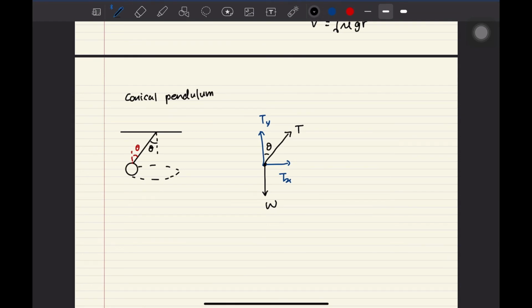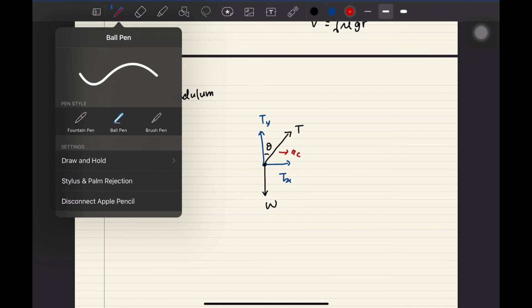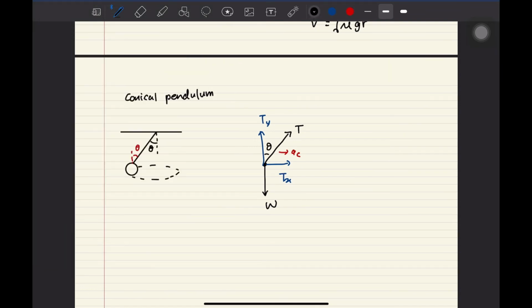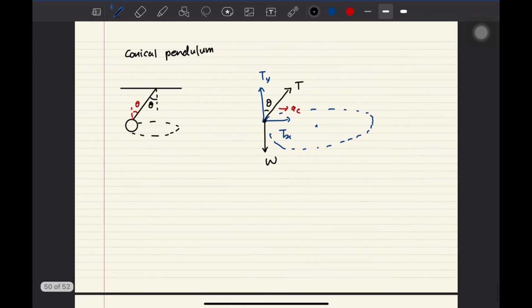Now, the acceleration will be in this direction, towards the center. This is your circular path, you can imagine it to be like this. This is the center.